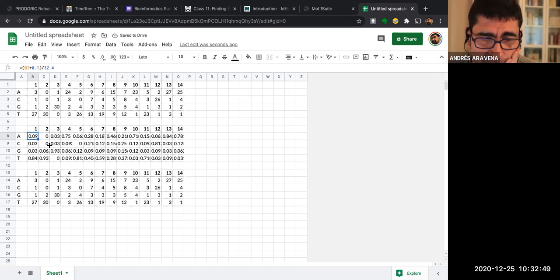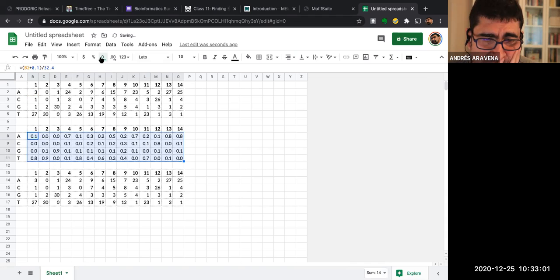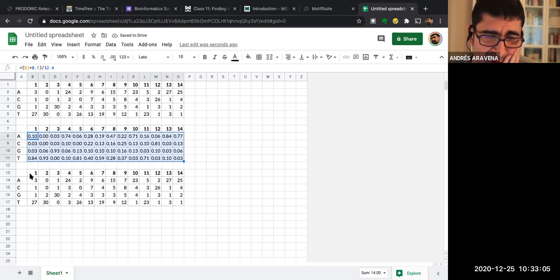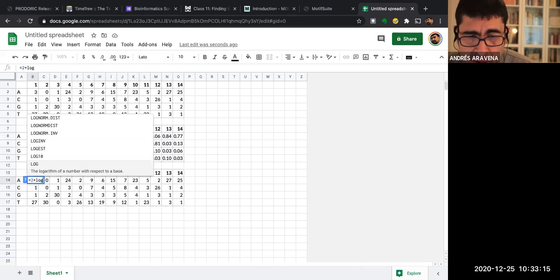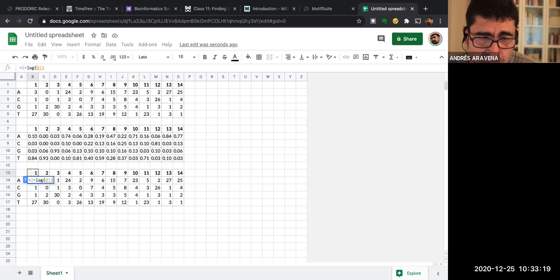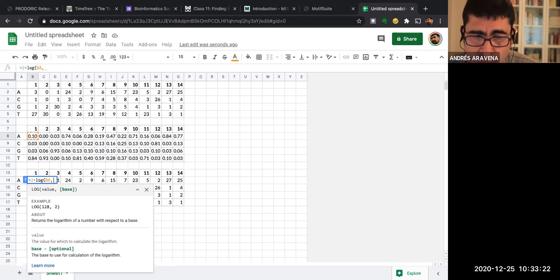That will get rid of the zeros. And we reduce the number of decimals, not too much, something like this: 10%, 3%, 84%. And then we calculate the formula. We say 2 plus log of this in base 2.